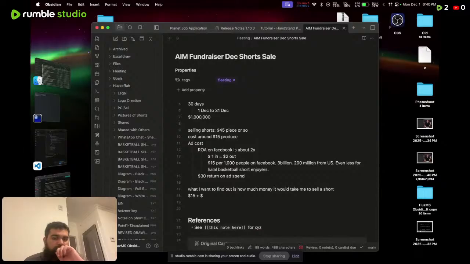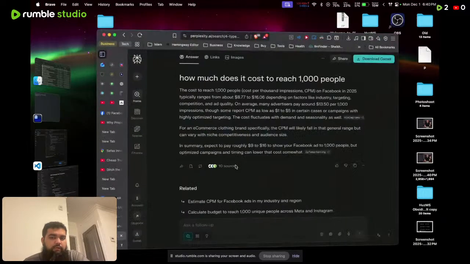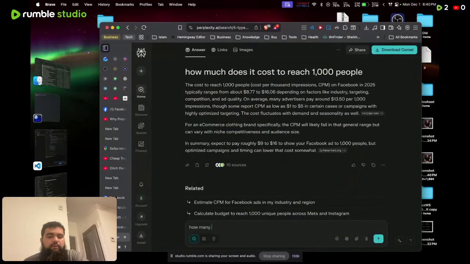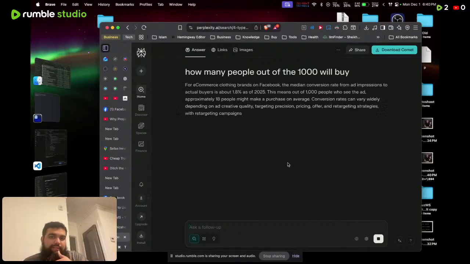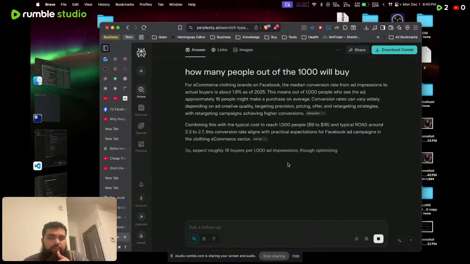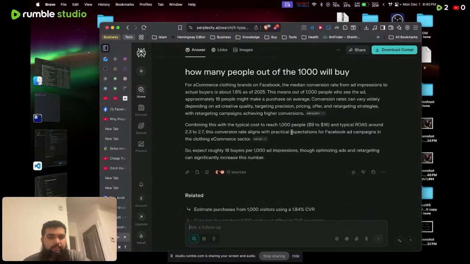So if I do this, $15 per 1,000, then how many people out of those 1,000 will buy? Then obviously this is just back-of-the-envelope mathematics. We're actually going to go through a test phase on Facebook Marketplace, and we'll get people who actually buy. So it is basically 2%.